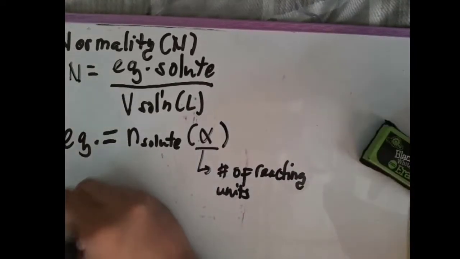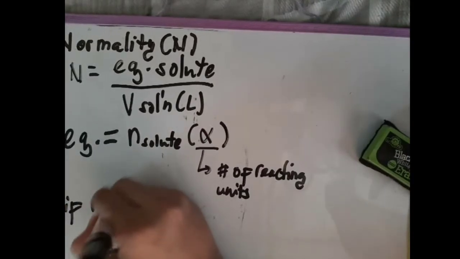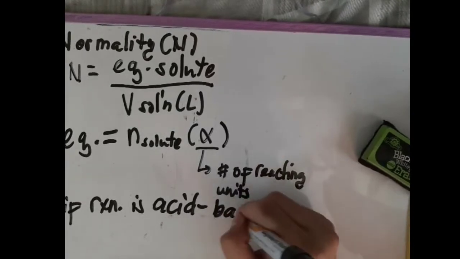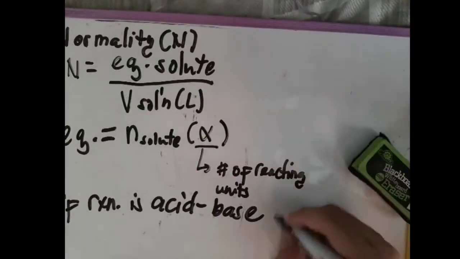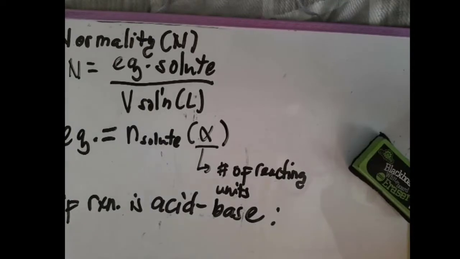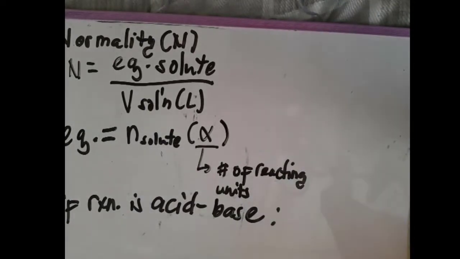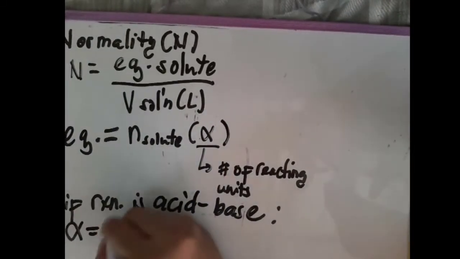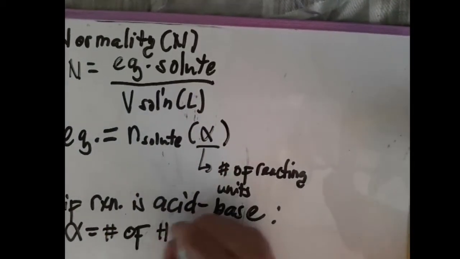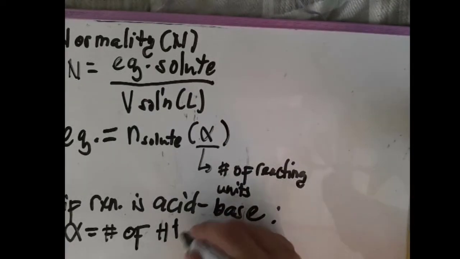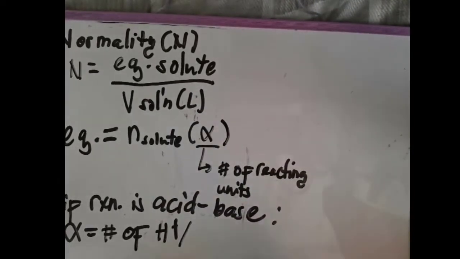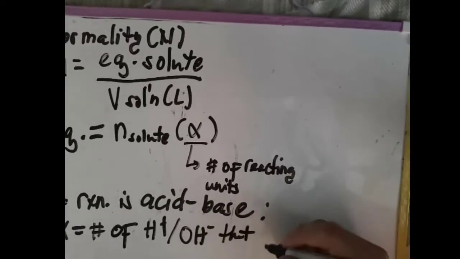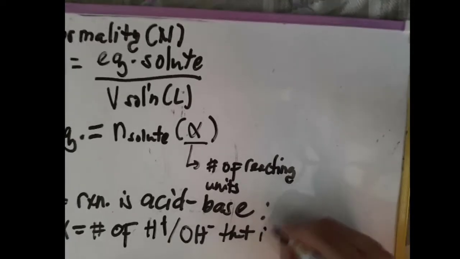If the solution will undergo an acid-base reaction, or the purpose of the solution is for an acid-base reaction, then alpha is equal to the number of H plus, hydrogen cation, hydronium ion, or hydroxide ions that it can react with.